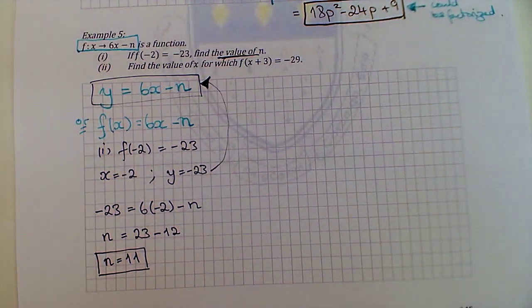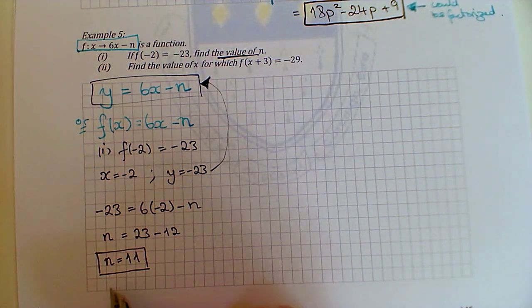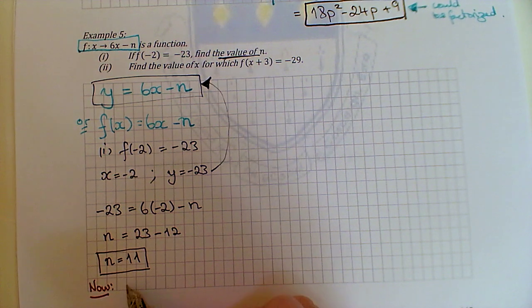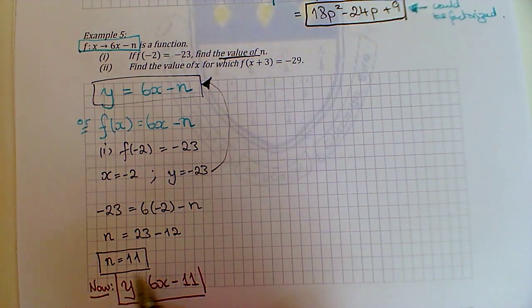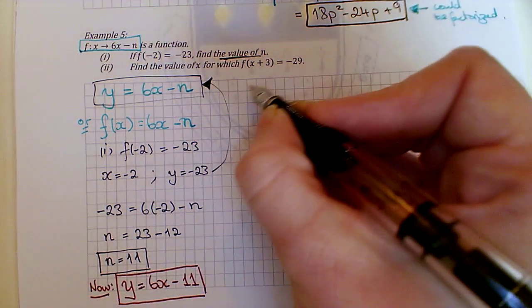If you're ever asked to do something with a function like that, where there was an unknown as part of it that wasn't the input, as soon as you've found that value, you should go ahead and rewrite your function with the updated information. So now we know that y is equal to 6x minus 11. We have our updated function definition.